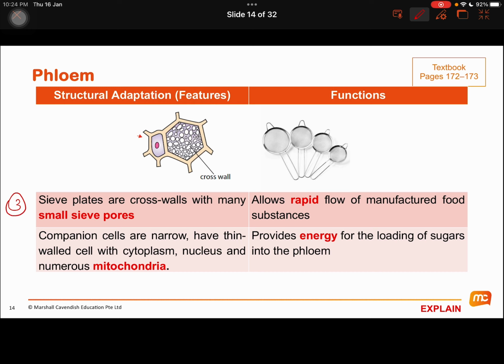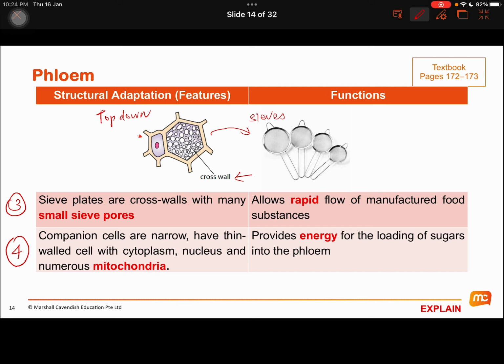The next one is the sieve plates as well as the companion cell that I mentioned. From what I mentioned just now, when we have a top-down view of the phloem, we will see that two sieve tube elements are separated by a cross wall. So what does the cross wall do? The cross wall, as you can see, contains many holes, and this should remind you of the sieves that we use at home to filter.